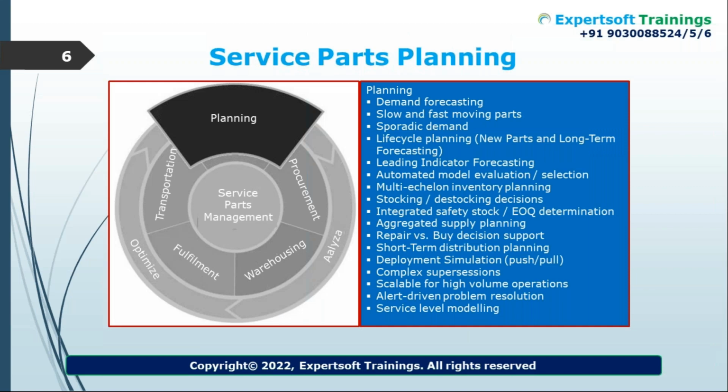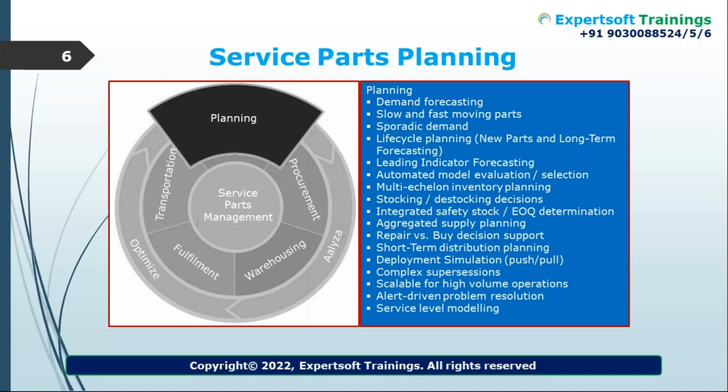Okay, so what are the planning capabilities service parts planning can offer you? See, it will plan all the slow and fast moving parts. Being in the automotive industry, you will see certain parts will have very sporadic demand, meaning once in a year somebody will order that part. That is what we call intermittent in nature.